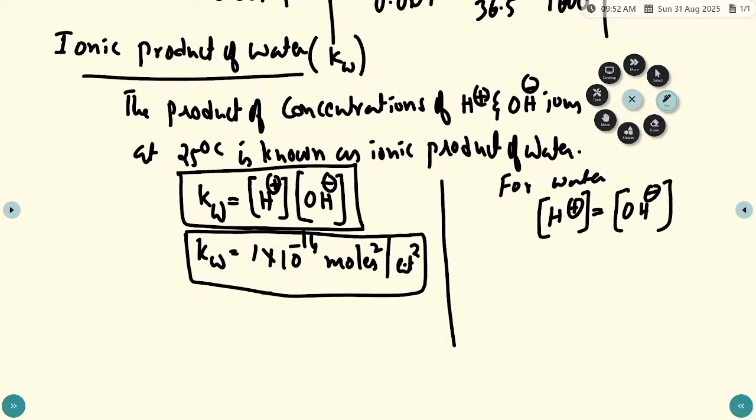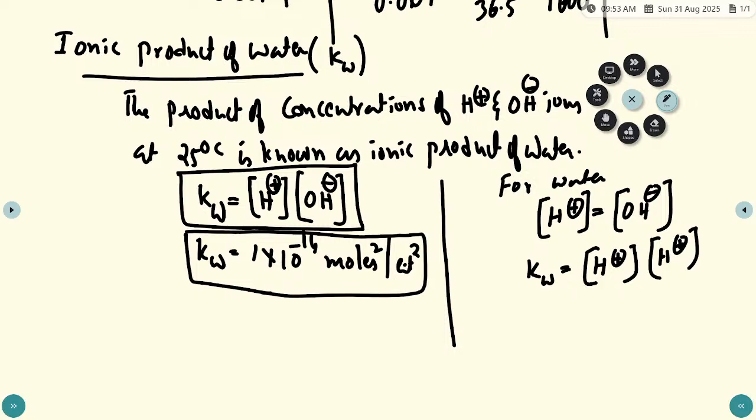So Kw is equal to H plus ion concentration, and in the place of OH minus ion I can write H plus ion concentration again, since H plus equals OH minus.